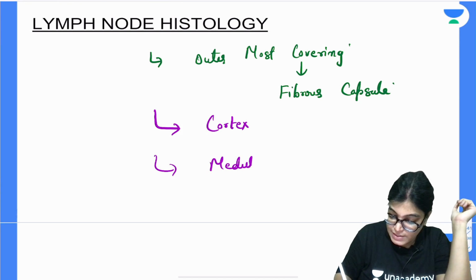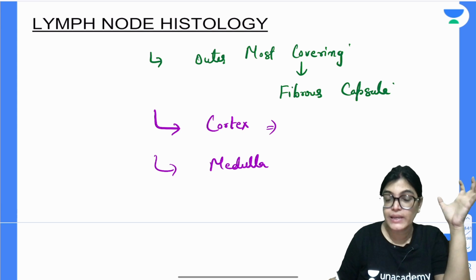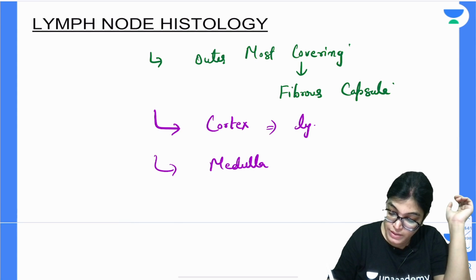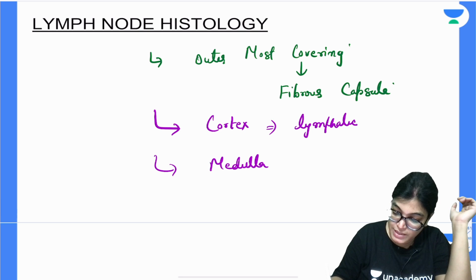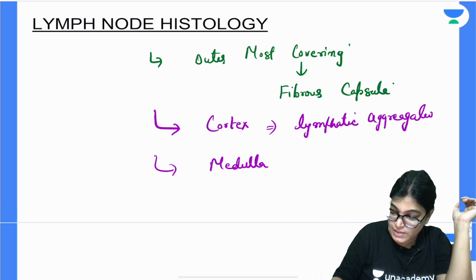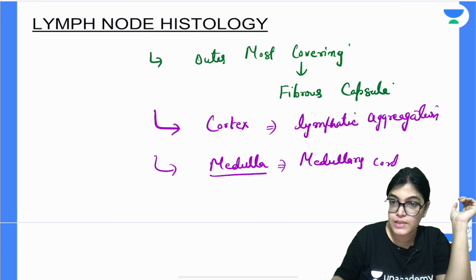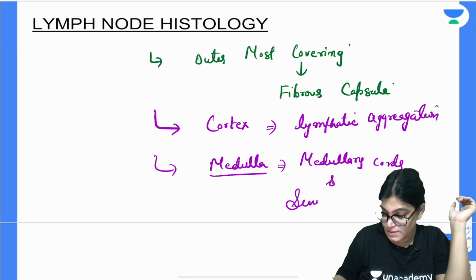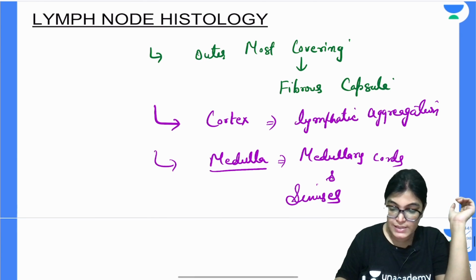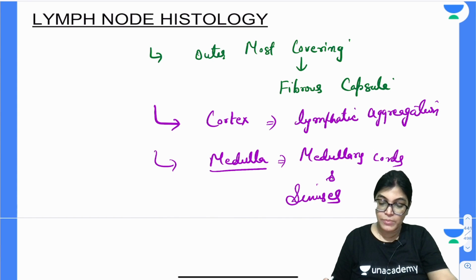The cortex part is darker stained. Actually it is composed of lymphoid nodules, it contains lymphatic aggregation. Medulla is containing medullary cords and sinuses. So medullary cords and sinuses are present in the medulla.